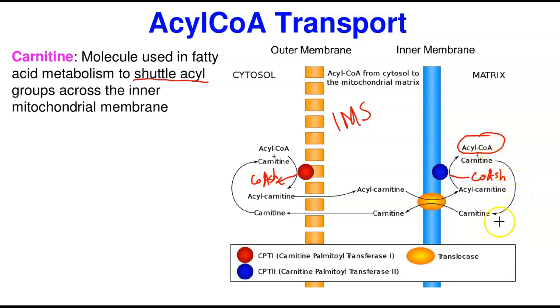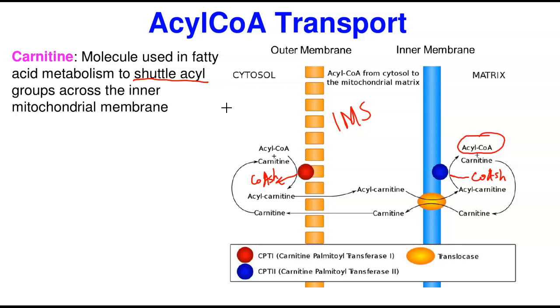The carnitine can leave again and go and replace this, and the cycle continues. So you see, the transport involves CPT1, located in the outer mitochondrial membrane, CPT2, located at the inner side of the inner mitochondrial membrane, and the carnitine is that particular molecule that helps this acyl-CoA, which otherwise was not permeable, to be permeable to both walls of the mitochondrial membranes.